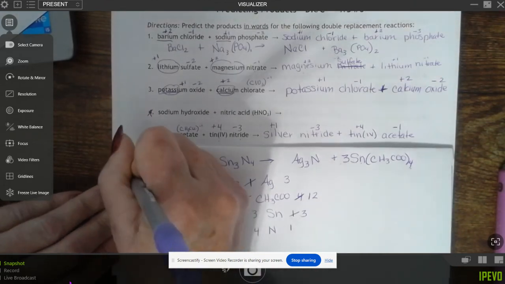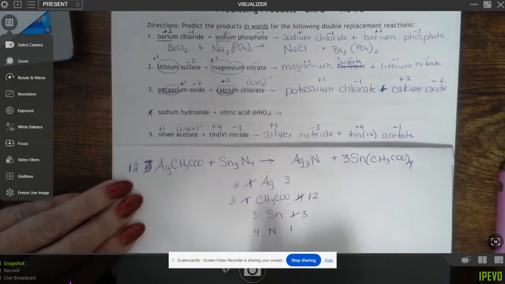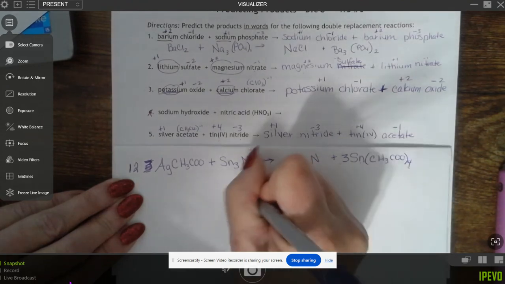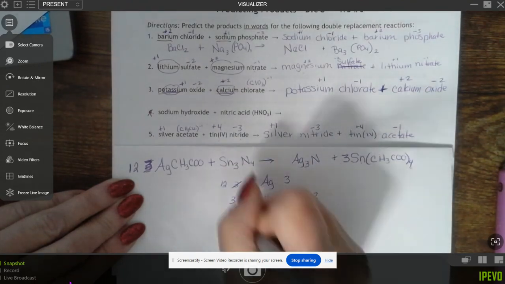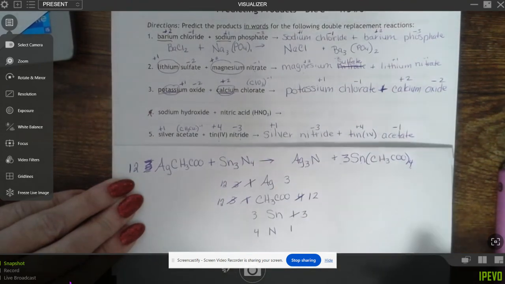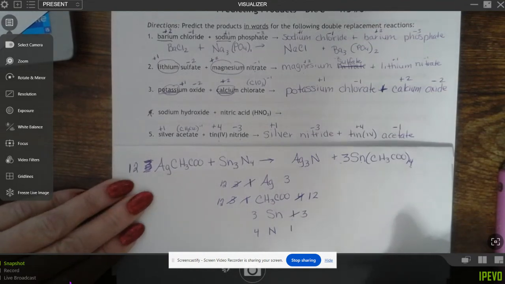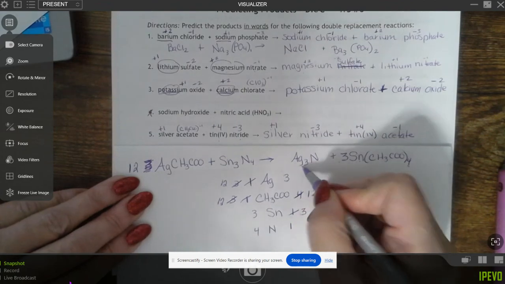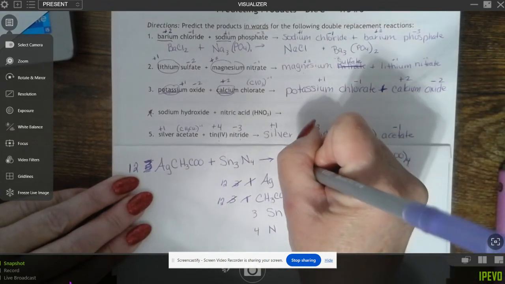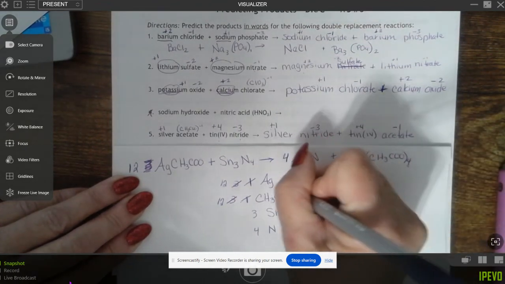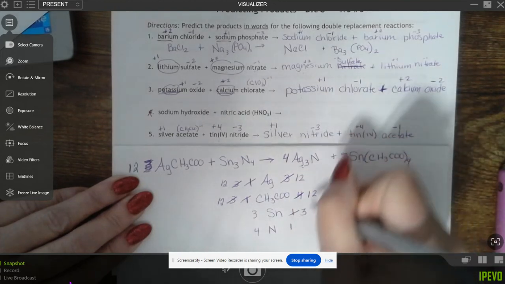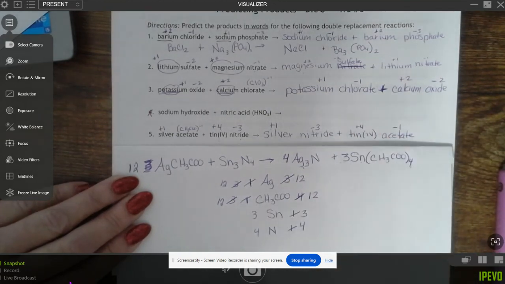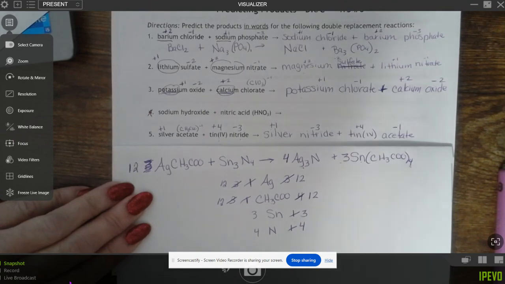This is going to have to be a 12. All right. And so now I have 12 silver and 12 acetate. Let's see. So here I only have 3. So if I put a coefficient of a 4 there, 4 times 3 is 12, which leaves me with 4 nitrogen, and I am balanced.